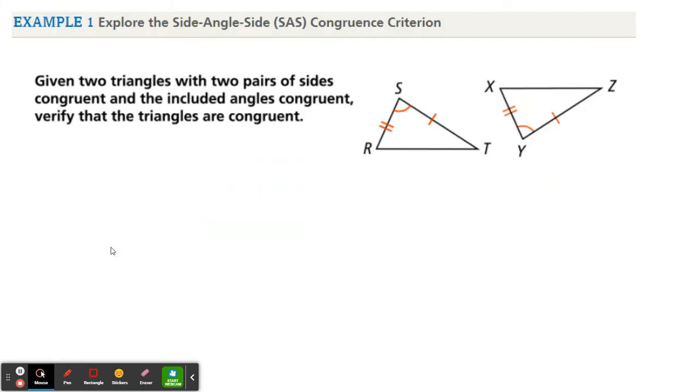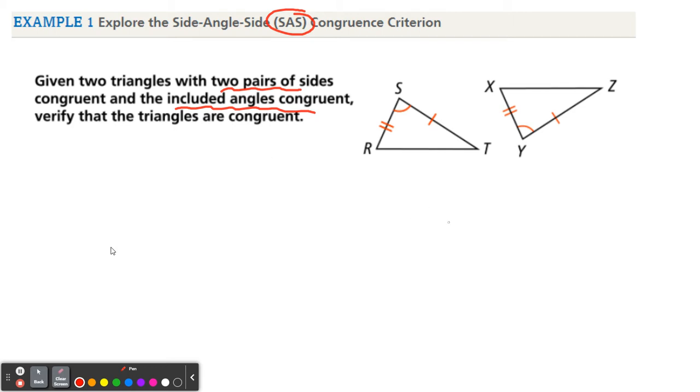So example 1 here. Given 2 triangles with 2 pairs of sides congruent and the included angles congruent, verify that the triangles are congruent. So this idea of 2 pairs of sides and included angles, that is the SAS, 2 sides and the angle in between, the included angle.